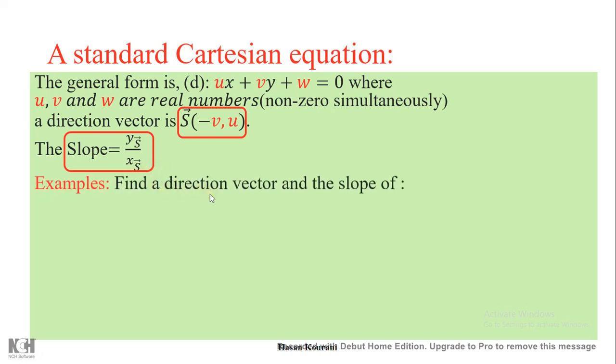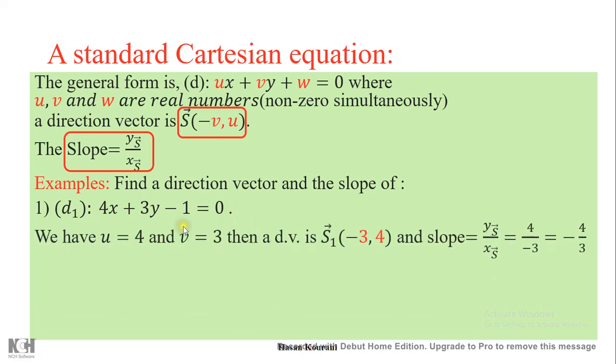Examples: find a direction vector and the slope of d1 of equation 4x plus 3y minus 1 equal to 0. As you see, we have a standard Cartesian equation. u equal 4 and v equal 3, w equal -1. We don't care about w, we don't need it now.